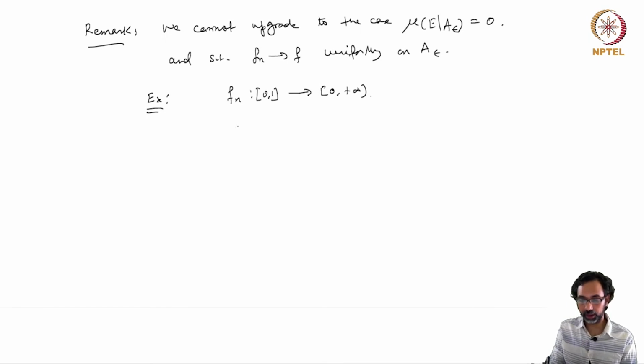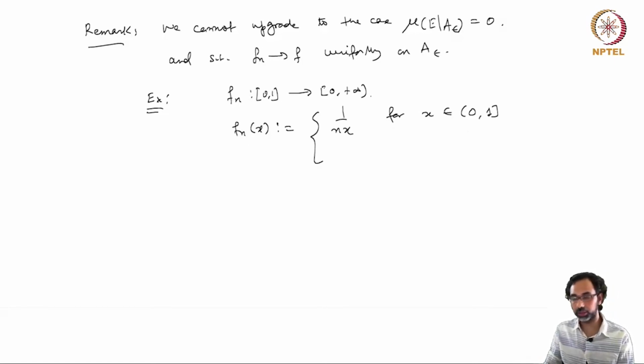So f_n(x) is defined to be 1 over nx for x belonging to the interval (0,1], which is open at 0 and closed at 1, and 0 for x equal to 0. So we have defined a sequence of functions on a measurable set of finite measure, which is [0,1], and these are all non-negative unsigned measurable functions.